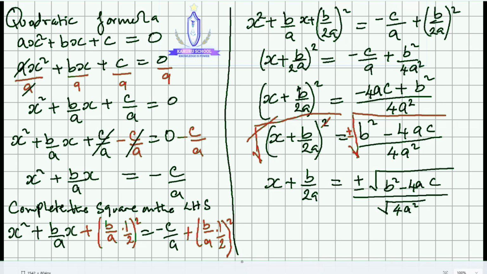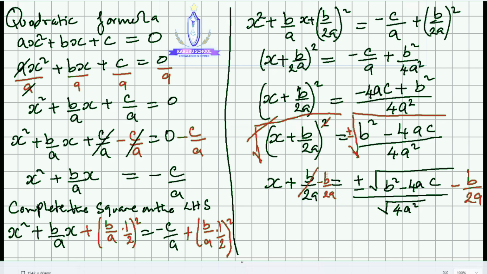We subtract b over 2a both sides. So on the left hand side we minus b over 2a. On the right hand side we subtract b over 2a.